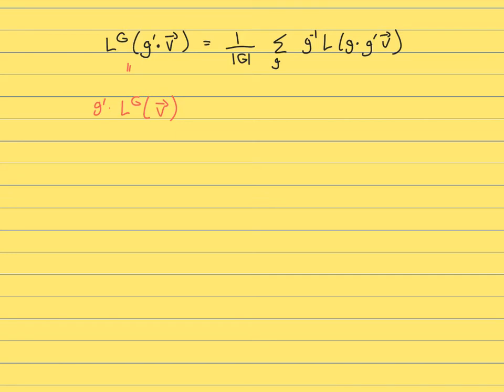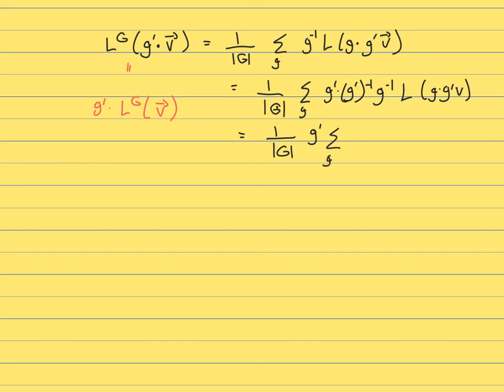And one way to do that is to just introduce G prime and its inverse together in the right spot, like that. Because then certainly you can pull one of those G primes out of the summation. And then by properties of inverses, G prime inverse times G inverse is equal to G times G prime, parentheses inverse, L of G times G prime dot V.